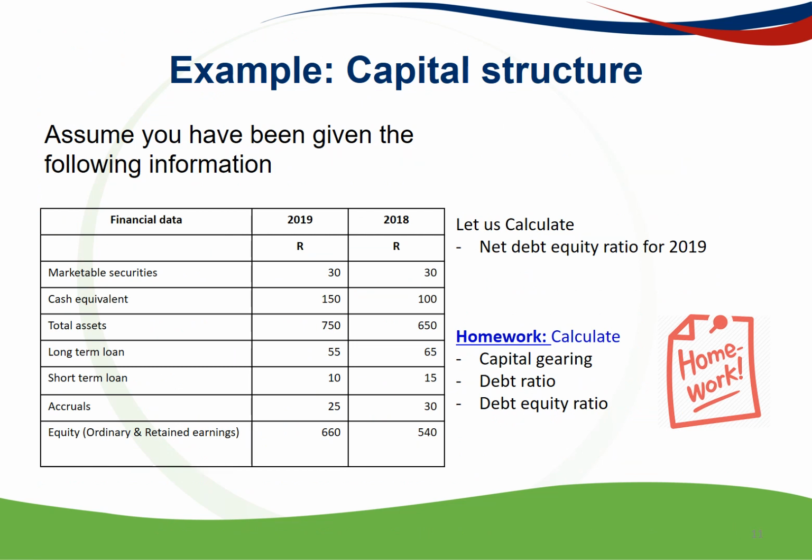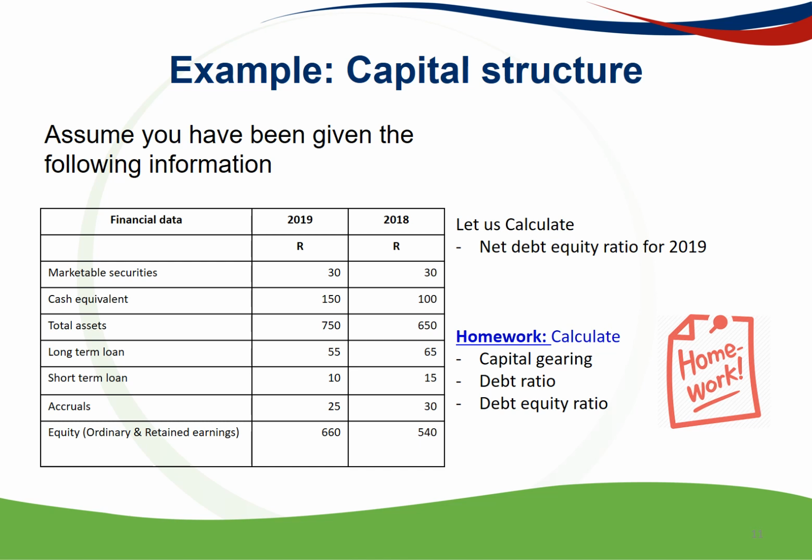Now we're going to an example of capital structure. Just want to zoom into one of them, which is the net debt equity ratio for 2019. You are given marketable securities, cash equivalents, total assets, long-term loan, short-term loan, accruals, and equity.